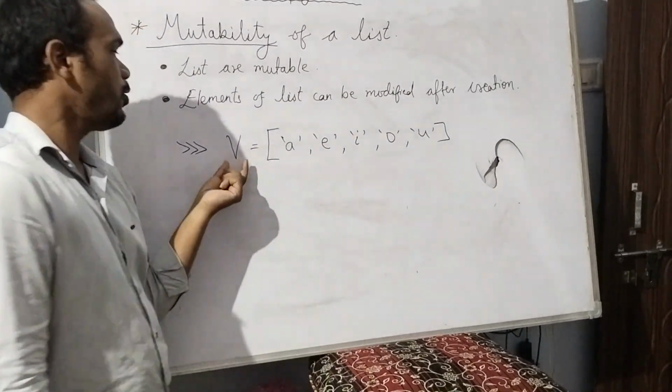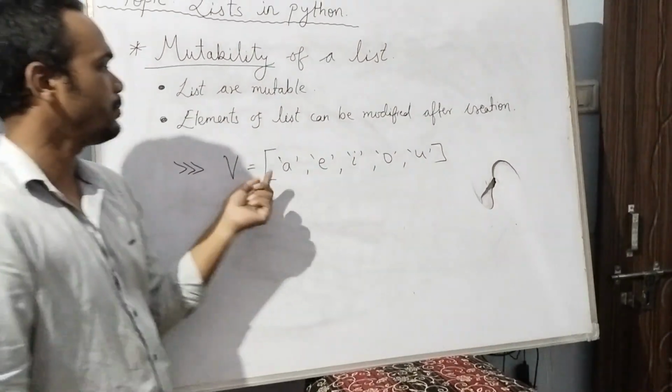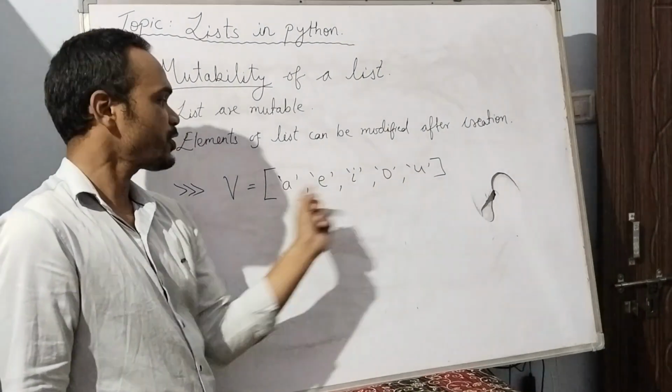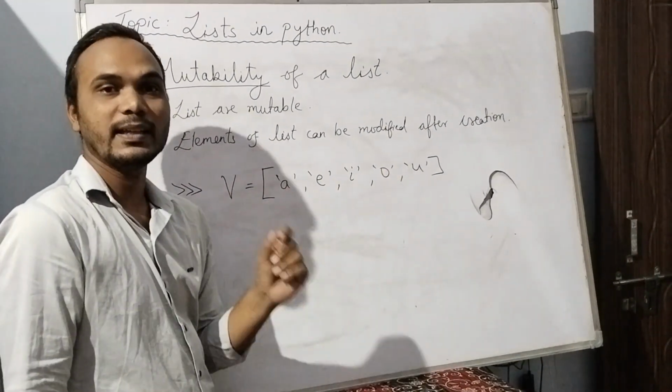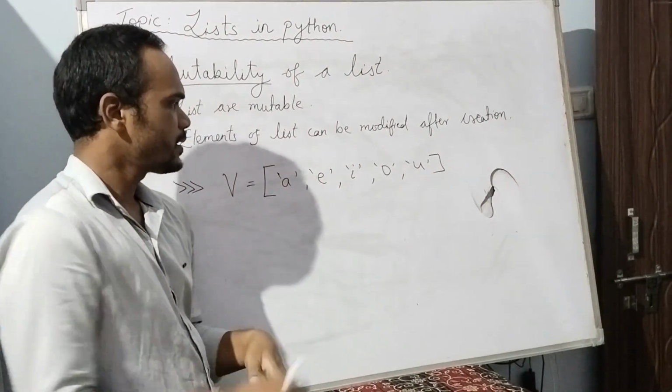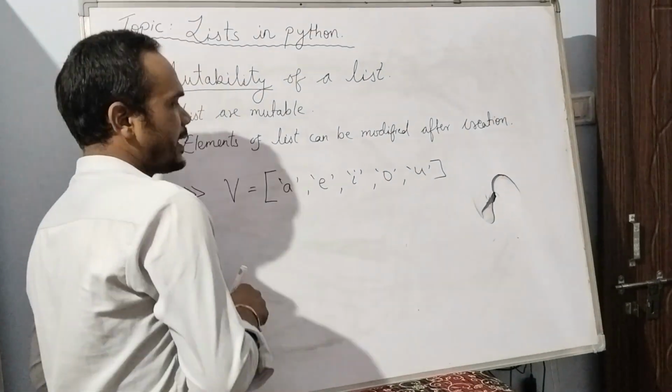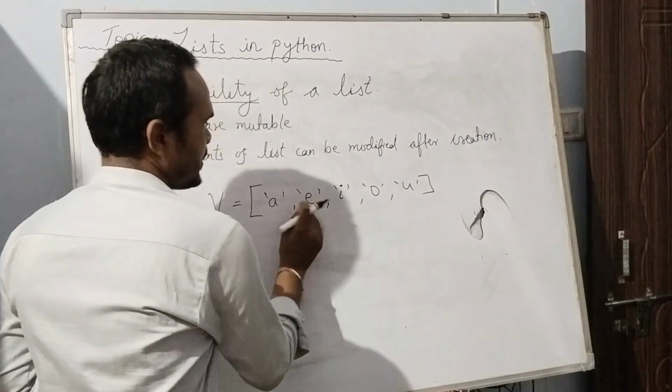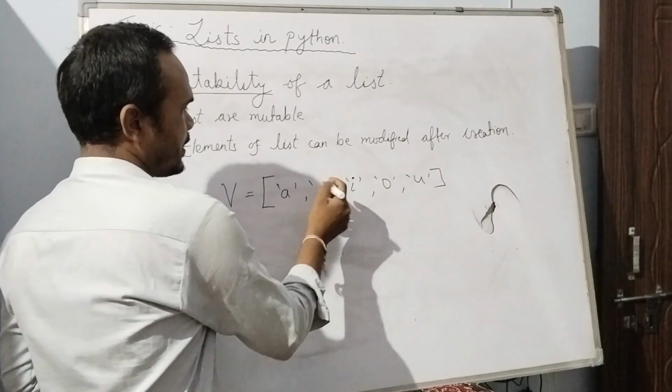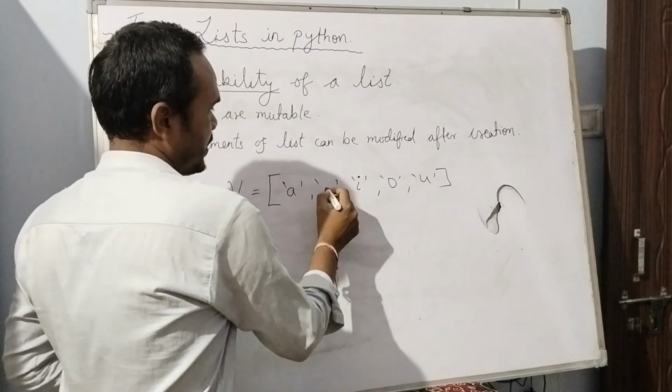Clear? We already know that vowels are nothing but the 5 alphabets A, E, I, O, U from the English alphabet. Suppose that instead of writing E, I am writing F.